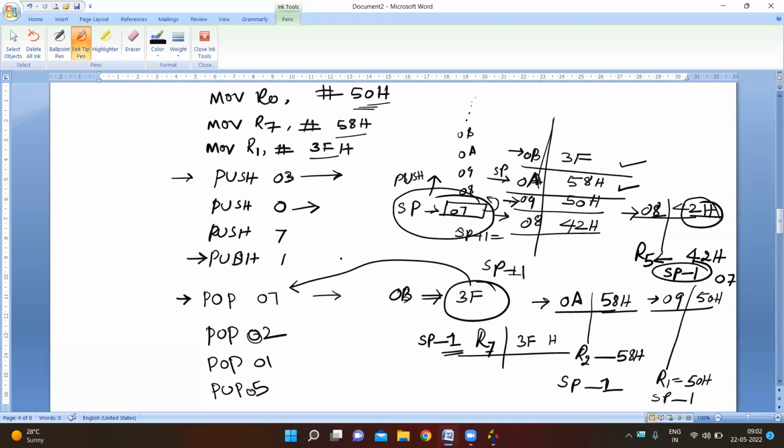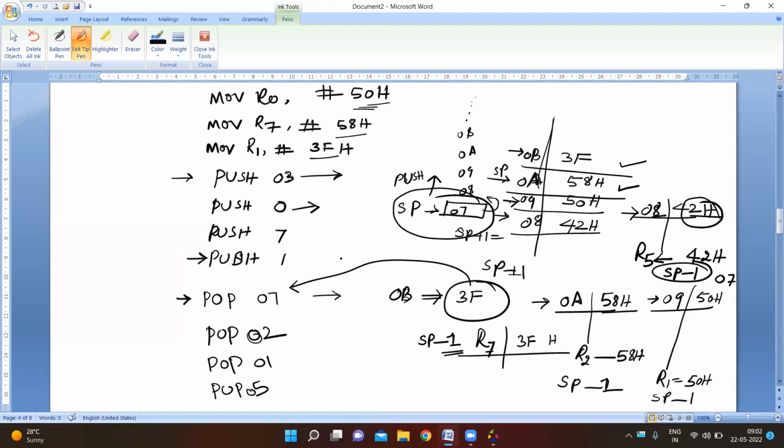It should not come down; at any instant of time the stack pointer should not point to 06 location. So definitely, these push and pop instructions are very important. The initial starting address of the stack pointer is 07H. From 08 onwards, it stores the data, it pushes onto the stack.